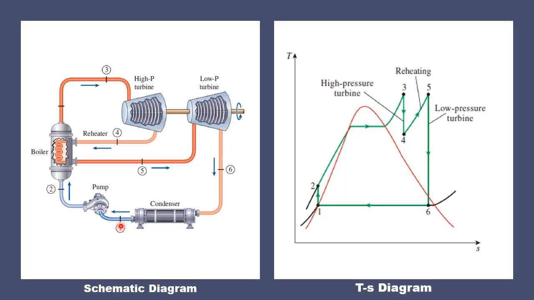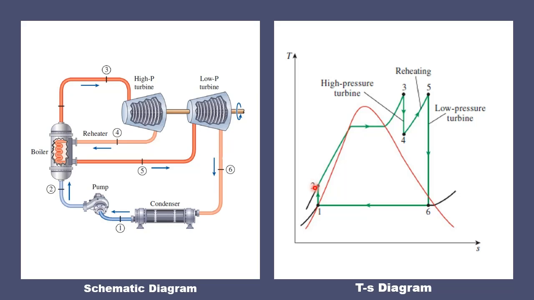Then after leaving the condenser at point 1, it is compressed in the pump so that it will increase its pressure to the pressure of the boiler at point 2. After compression at point 2, it is now a subcooled liquid. So process 1 to 2 here is an isentropic process. Point 2 is a subcooled liquid.